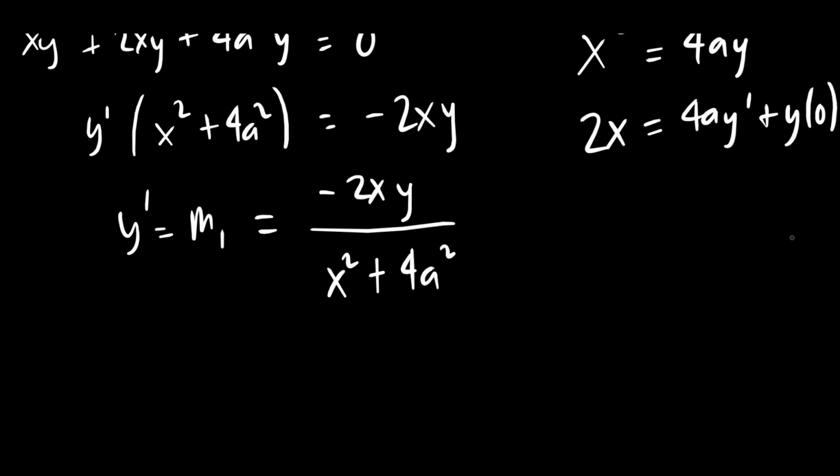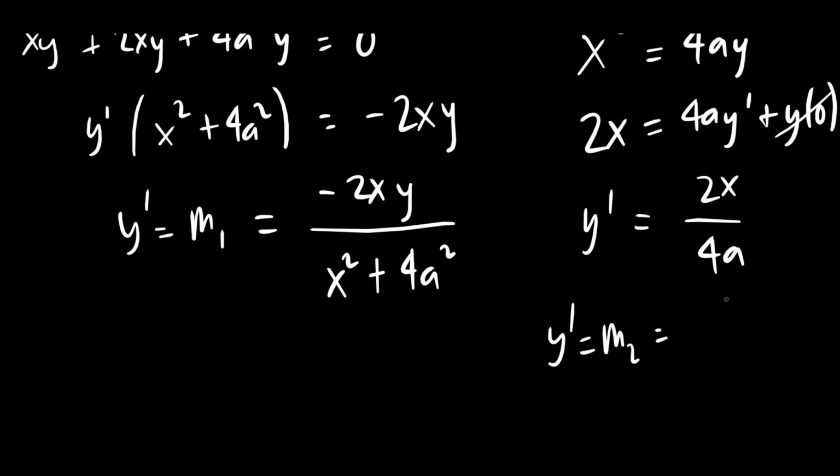For simplification, y prime is equal to 2x all over 4a. So cancel, and we'll have y prime, which is m2, equal to x all over 2a.